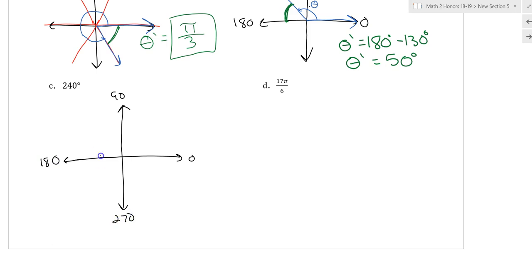All right, and it should fall in between here, right? 240 is between those two. So we can draw our angle like this. And then which one is it closer to? Is it closer to this or this? It's closer to 180 degrees. So that's going to be our prime.